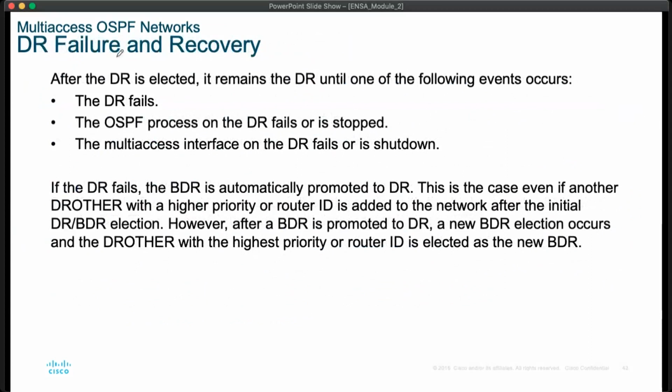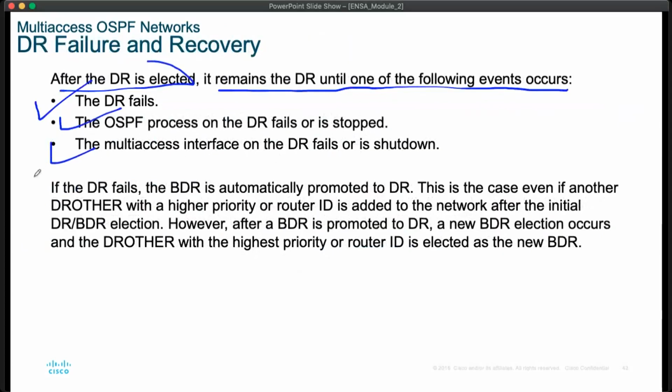DR failure and recovery. If the DR is selected, it remains the DR until one of the following events occurs: the DR fails, the OSPF process on the DR fails or is stopped, or the multi-access interface on the DR fails or is shut down.